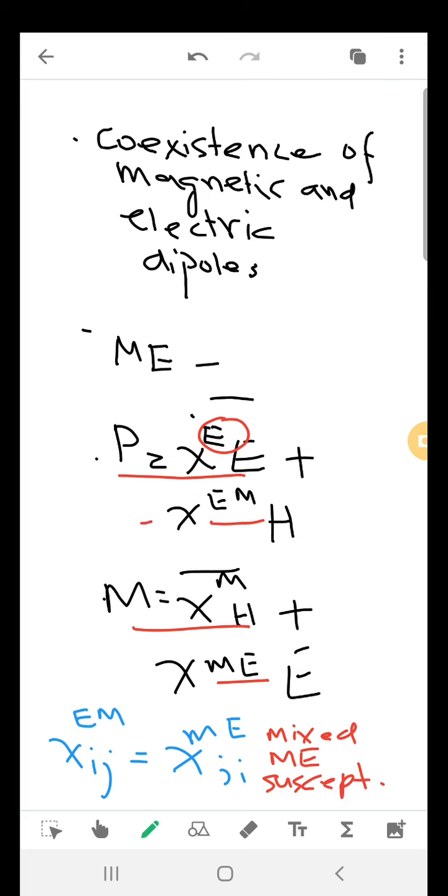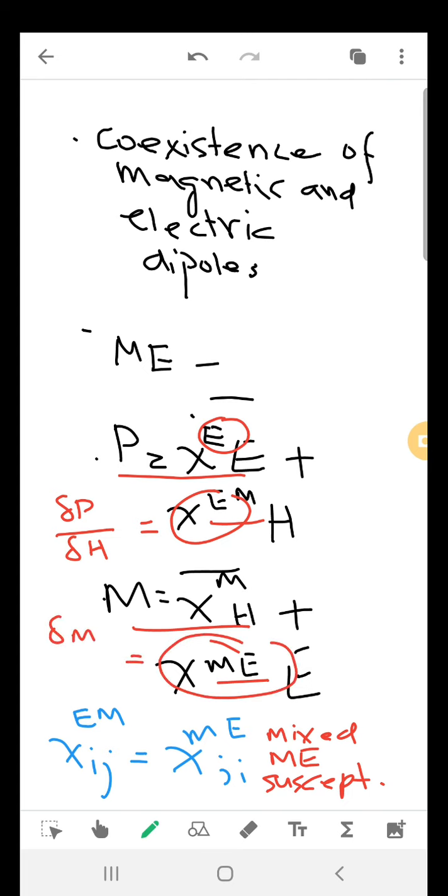This is expressed as EM equal to delta P by delta E, and this is equal to delta B by delta H, and this is equal to delta M by delta E.